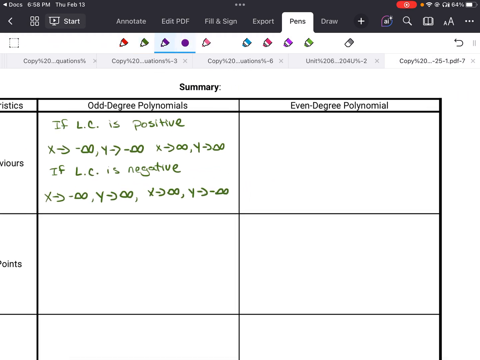Okay, for even degree polynomials, the end behaviors, switch to purple here. So if the leading coefficient is positive, when x approaches negative infinity, y approaches positive infinity.